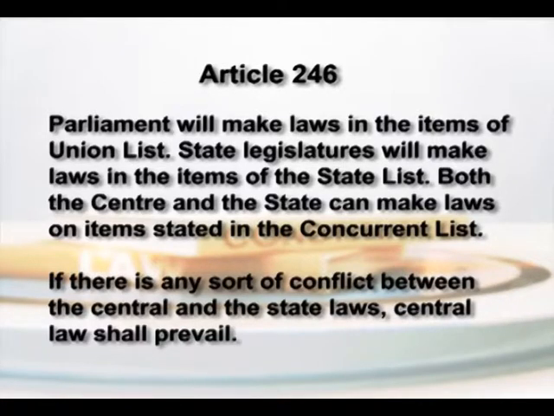However, if there is any sort of conflict between the central and the state laws, central law shall be declared valid. Article 247 provides for the power of the Parliament for the establishment of certain additional courts for better administration of laws made by the Parliament.